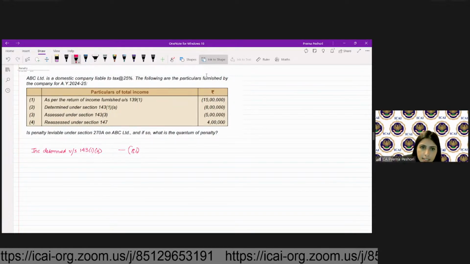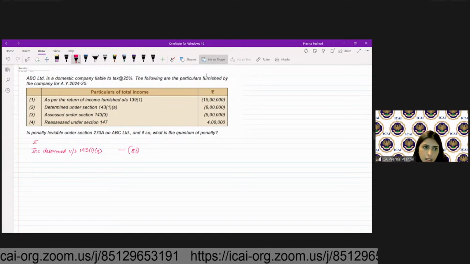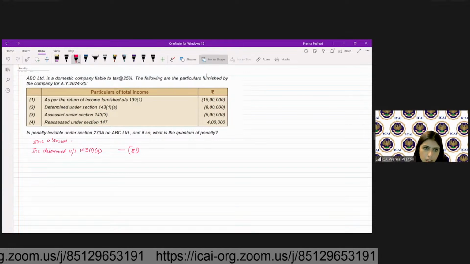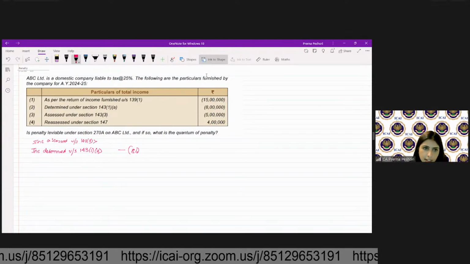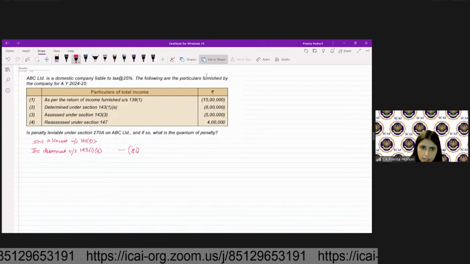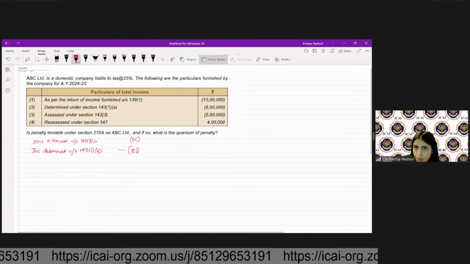Now, this is the income assessed under section 143(3), which is greater than the income determined under 143(1)(a) because this is 5 lakh loss. The loss is getting reduced, isn't it?